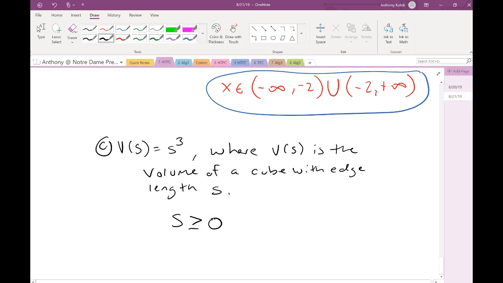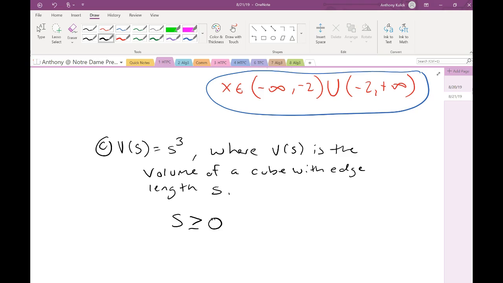So I would say that this is our relevant domain, because we know the side lengths of a cube could never be negative, right? I assume that a 0 side length cube is just a cube that doesn't exist. It would be like a singleton point. Whether you want to count that or not, I wouldn't be so picky about on a quiz or a test setting, whether you interpreted that as greater than or equal to 0, or greater than 0.